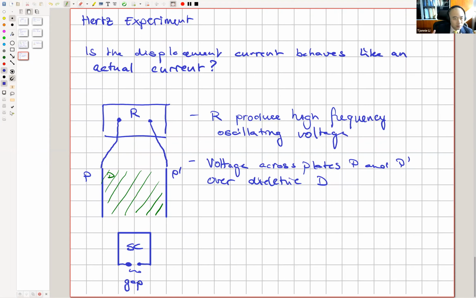But what is the physical mechanism behind this? Well, we can see it as follows.